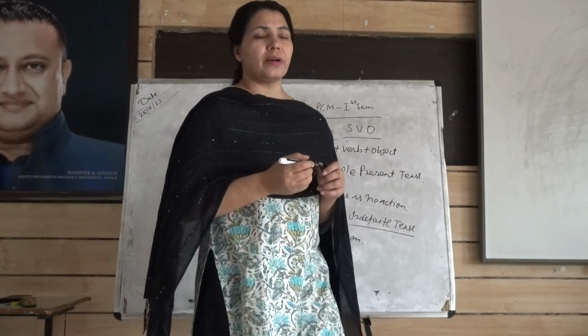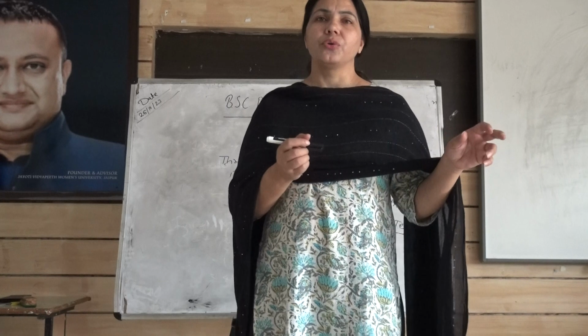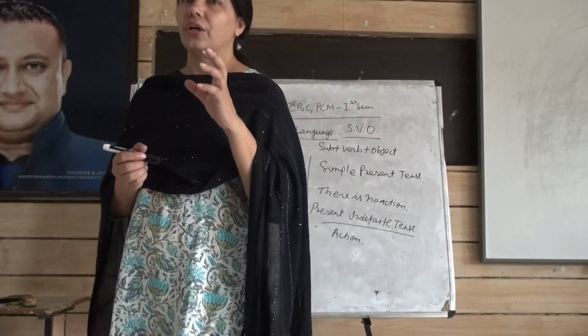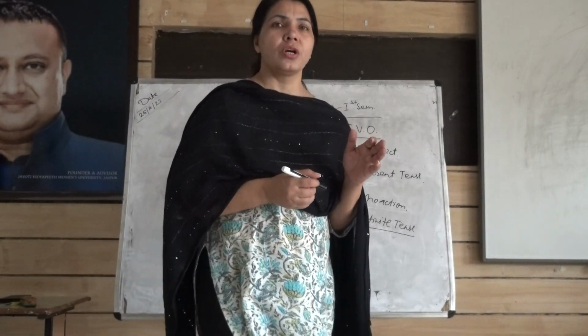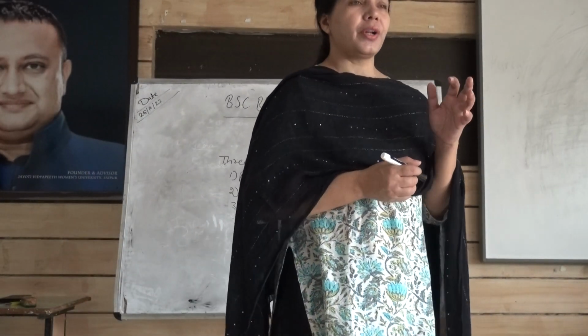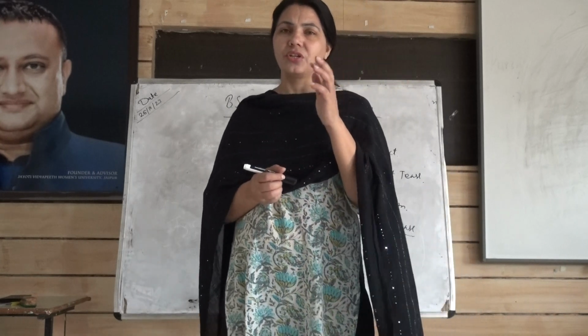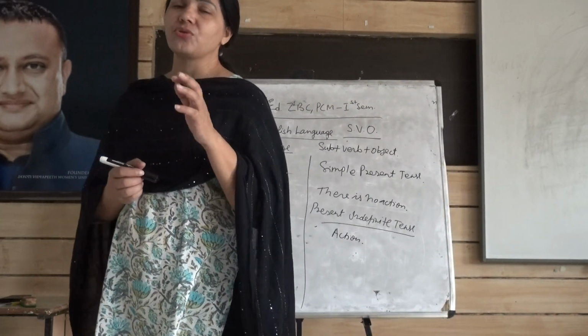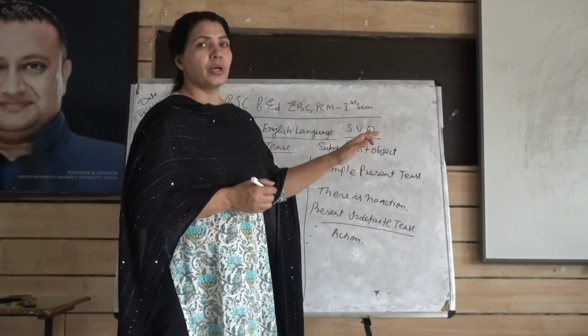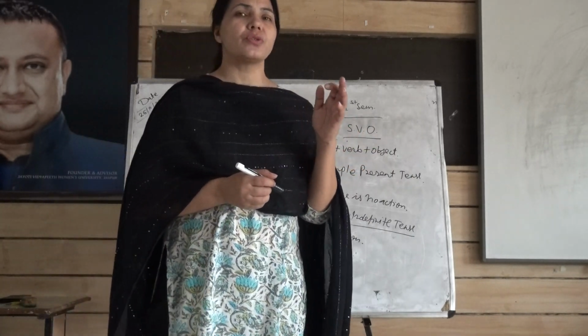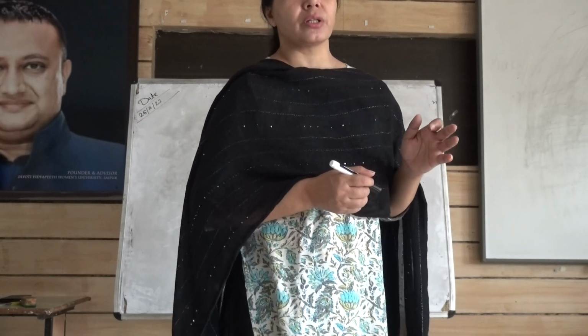So whenever you are making sentences, you have to follow the rule in English grammar of subject plus verb plus object. Whenever any kind of tense or sentence you want to make, you have to follow the basic rule of SVO. S means subject, V means verb, O means object.